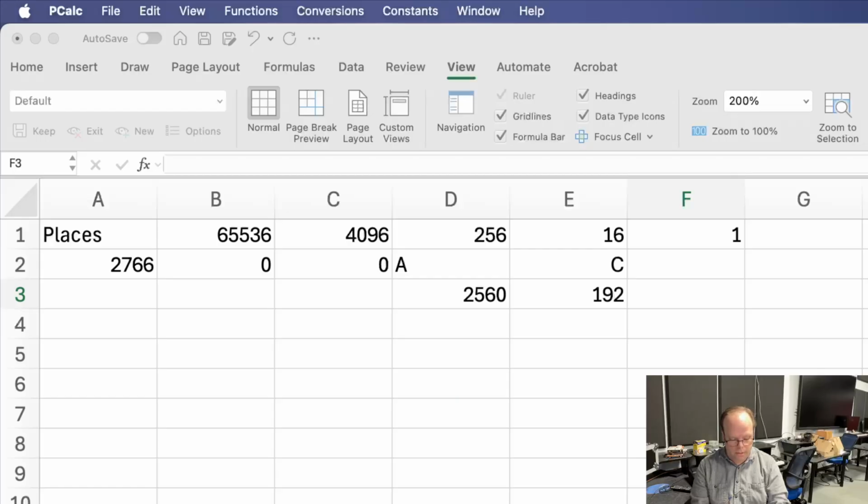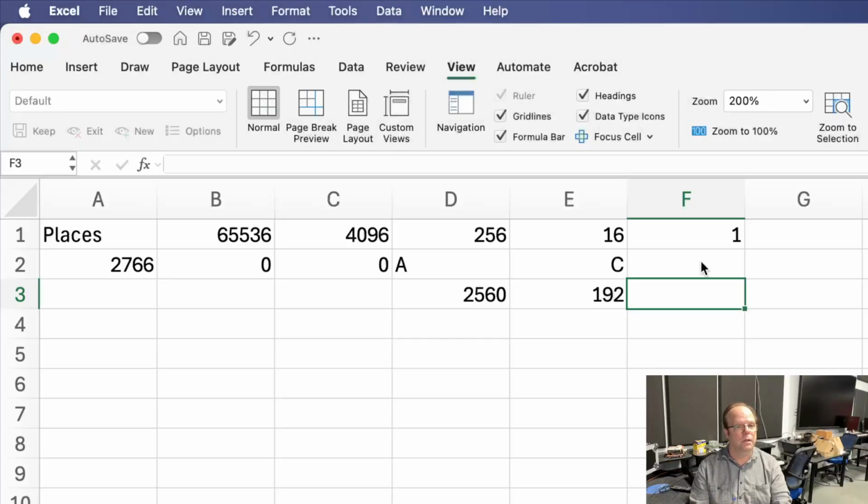Okay, so what do I have left? Well, we're going to do 2,766, and we've got to subtract the values we've already accounted for. So minus 2,560 and 192. I'm left with 14. So what do I put here in the ones column?